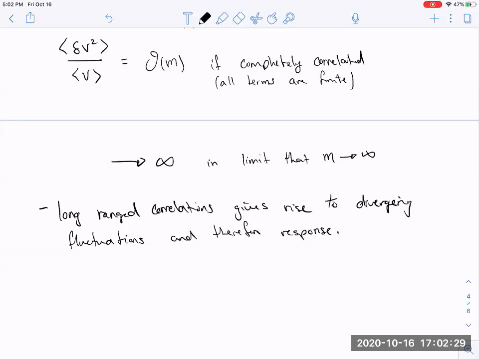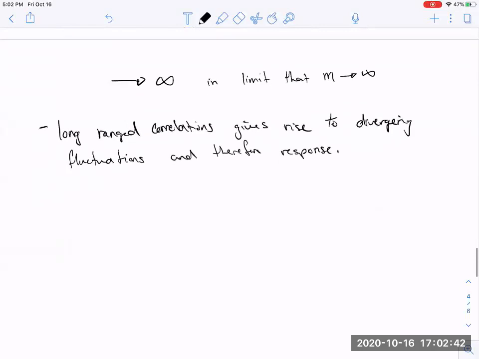So this is where the difficulty comes in. If we have to have correlations to see singular responses or phase transitions, it won't work for us to study non-interacting models.